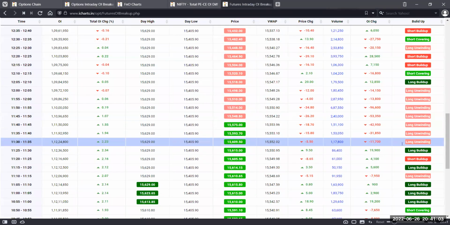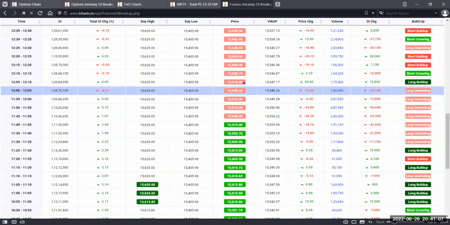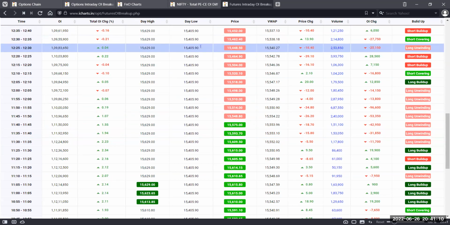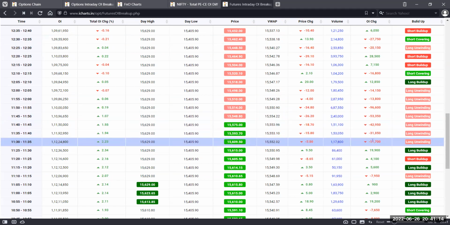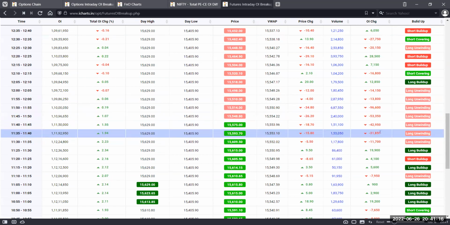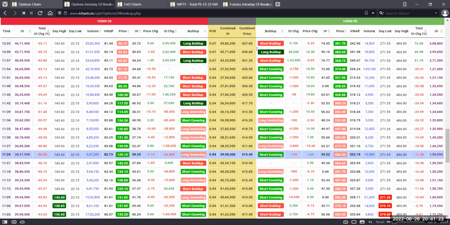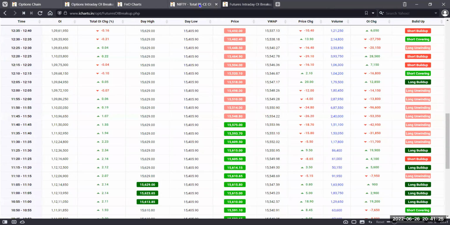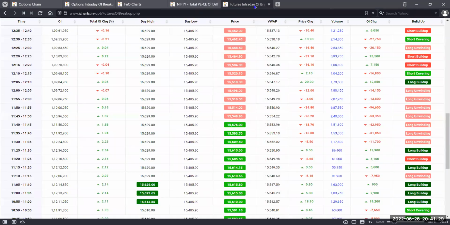You can keep this open and probably get a clearer picture over here. But I think it is going to get reflected pretty quickly everywhere, so I don't think there's going to be any delay. Maybe things may be a little bit clearer over here, because we are looking at too many things in intraday OI breakup, lots of things are there over here. But I think in this chart, the intraday OI breakup of futures, we might get clues.